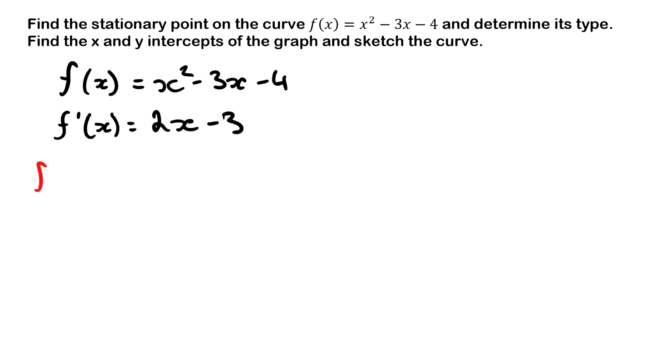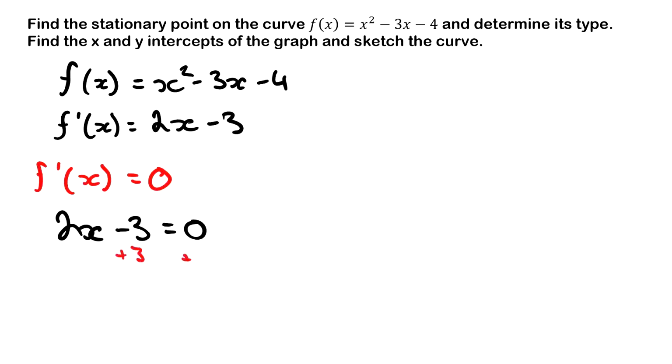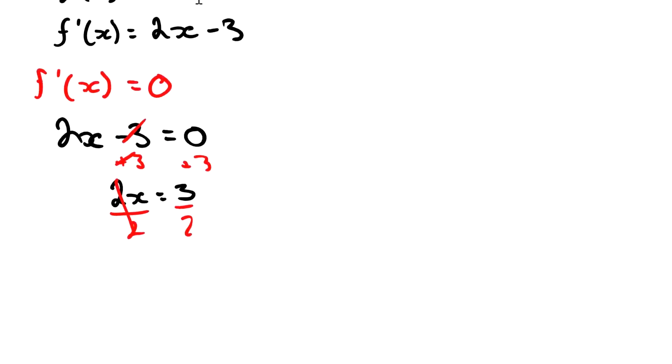Remember, stationary points occur when the first derivative equals 0. So we can write down that 2x minus 3 equals 0. Plus 3 to both sides because we want to solve this. We get 2x equals 3, and then we can divide by 2, and we get x equals 1.5.